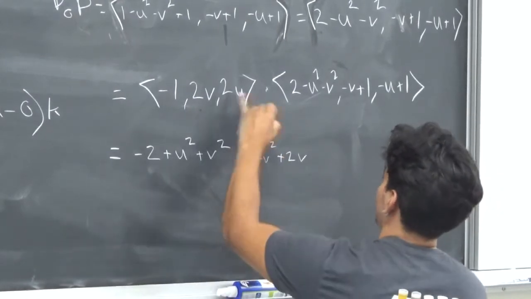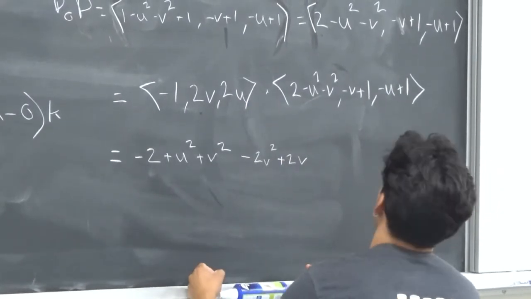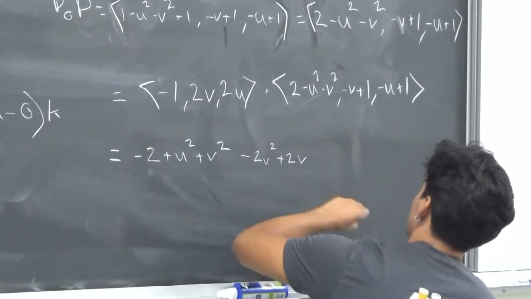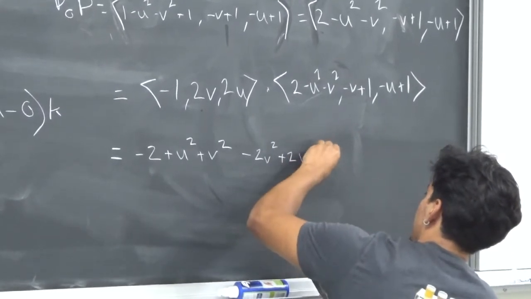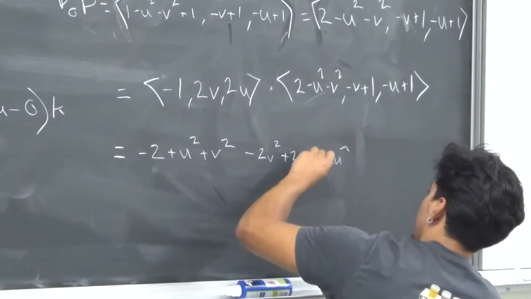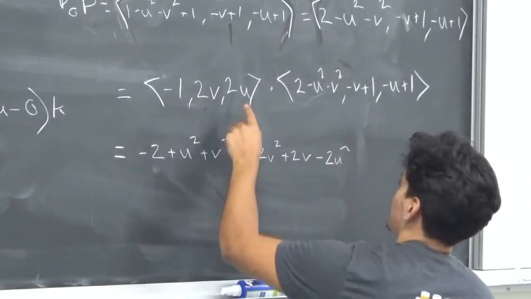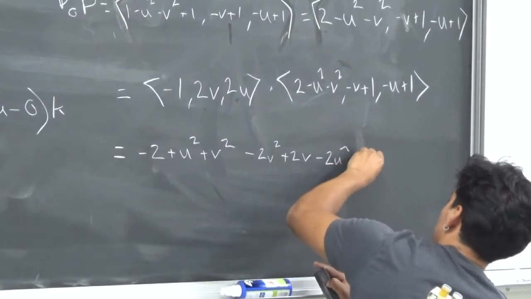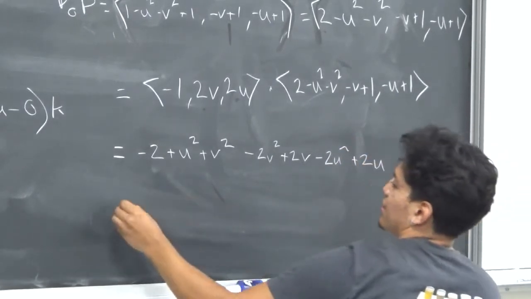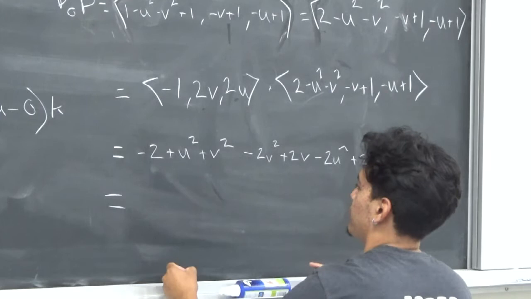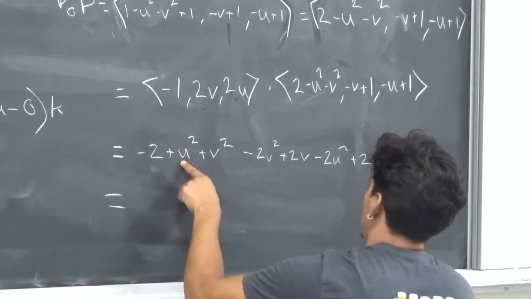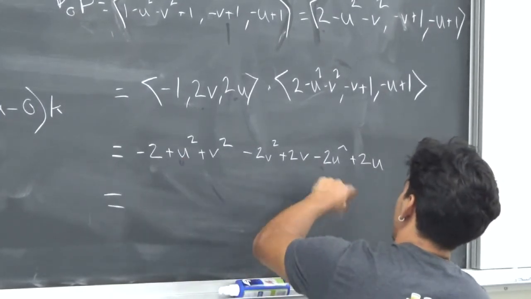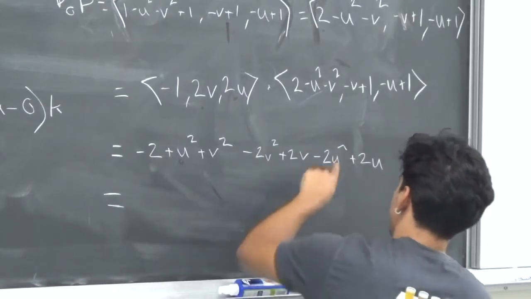And we're going to go on to the next component, the k component. It's going to be 2u times negative u, which is going to be minus 2u squared. And then we're going to do the same thing, 2u times plus 1 is going to be plus 2u. And then we're just going to simplify it out. So we got u squared right here, we got minus 2u squared right there.